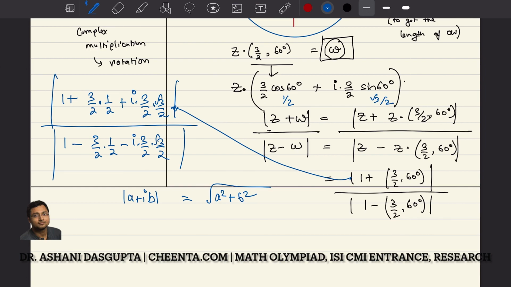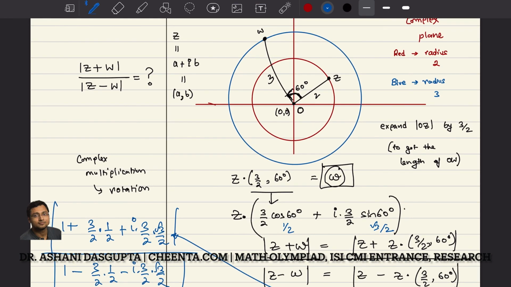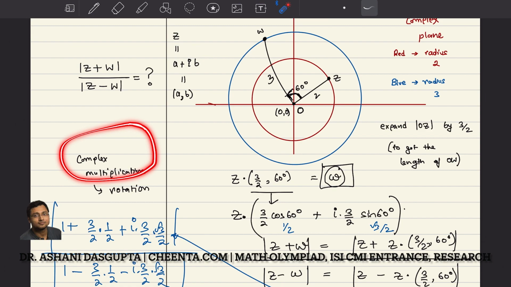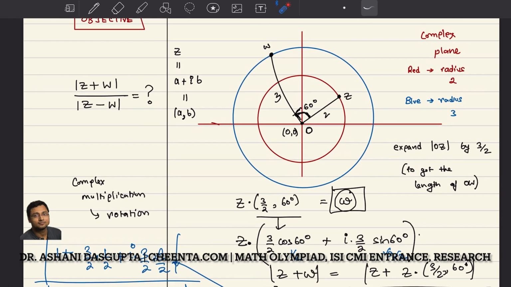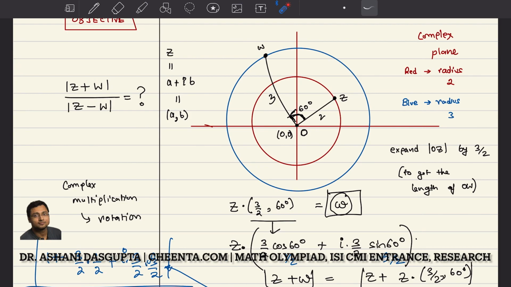It's very important that you understand complex multiplication as rotation and homothety, or together we say it's spiral similarity. That's a key idea that is used over and over again in geometry problems related to complex numbers.